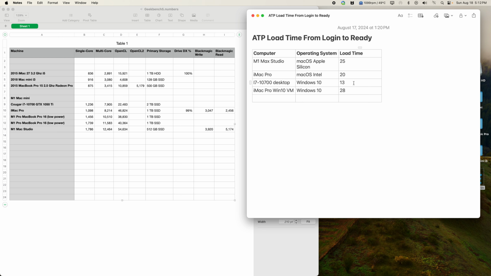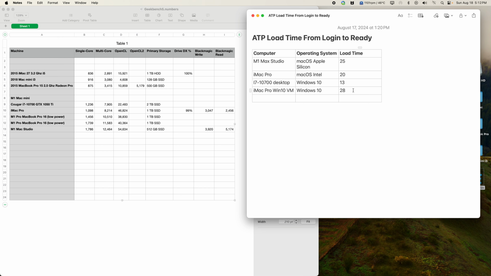From a practical perspective, you could probably find a 2015 Intel desktop running Windows 10, and it would probably outperform a Mac Studio. One other experiment I wanted to try was running Active Trader Pro in a Windows 10 virtual machine on the iMac Pro, and that is slower. So there is significant overhead with a virtual machine. I don't know if I can improve this by maybe using VMware.